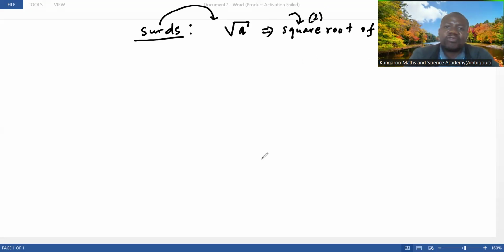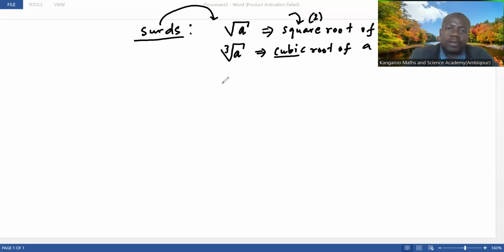It's the square root of a. But if I do this, what is this? This is called the cubic root of a. One can say the third root of a.